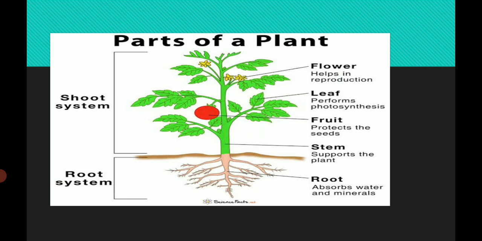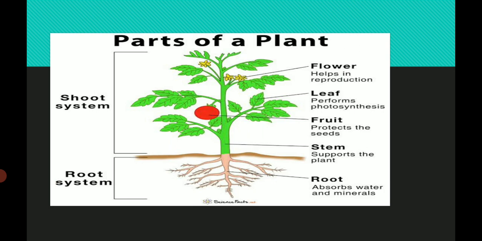So now all of you have understood about the parts of a plant, function of root, function of stem, function of fruit, leaf, flower. Now come to the root system and shoot system.